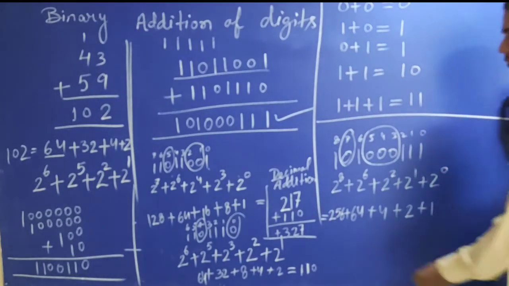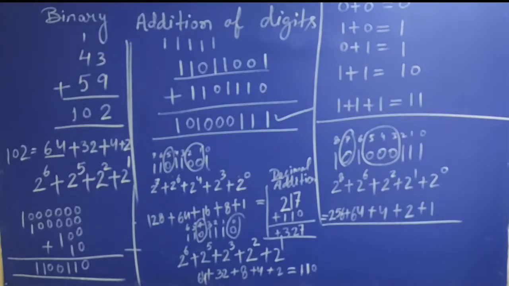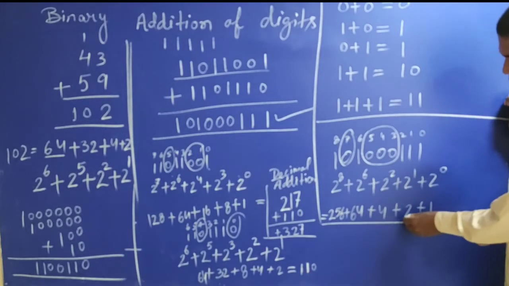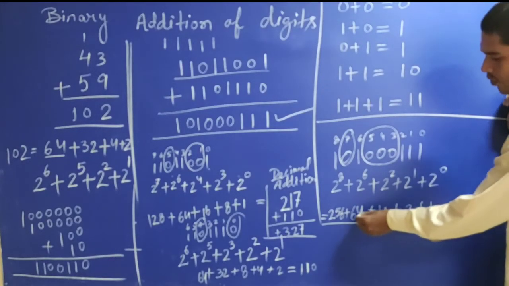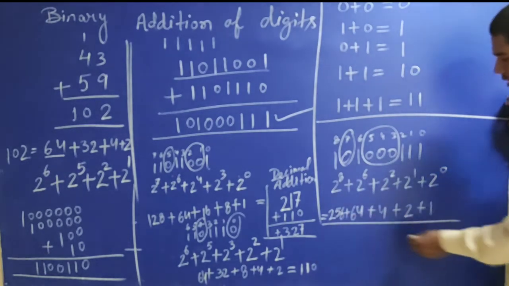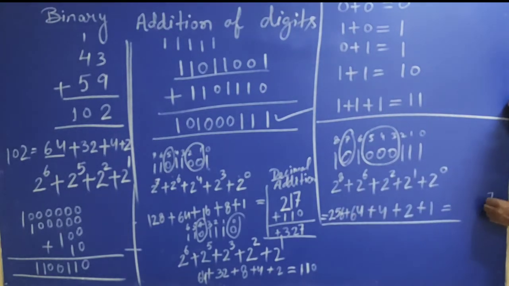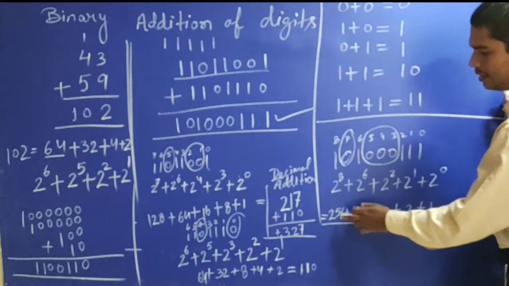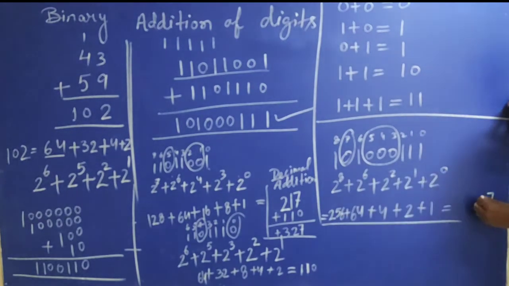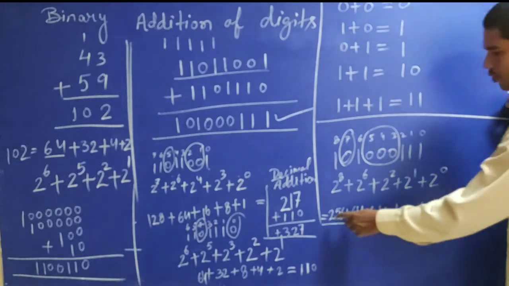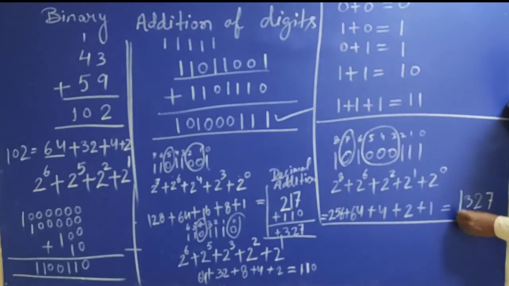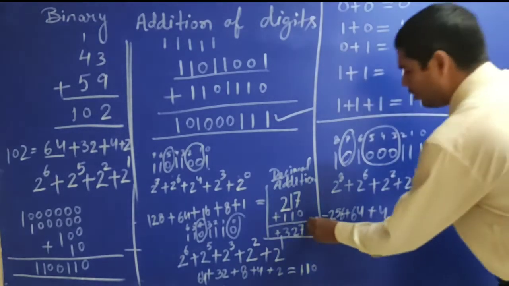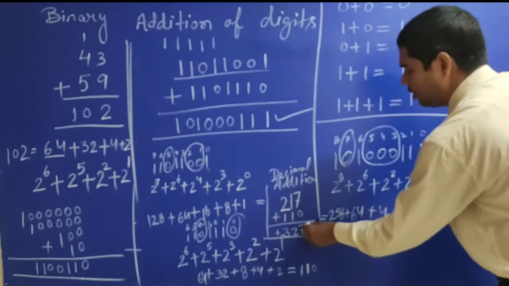Now we will add all these numbers: 1 plus 2 plus 4 is 7, 7 plus 64 is 71, 71 plus 256 is 327. Here also the result is 327.